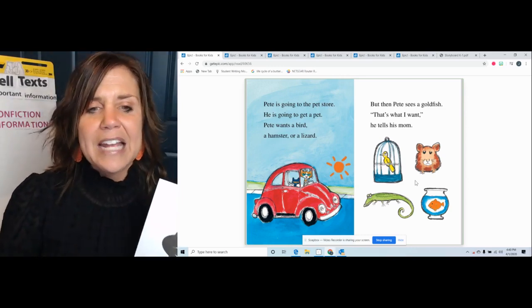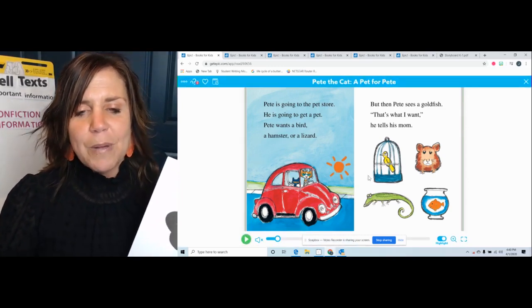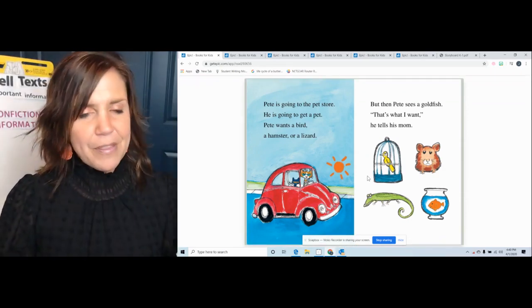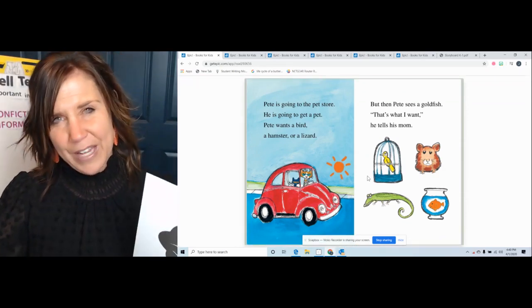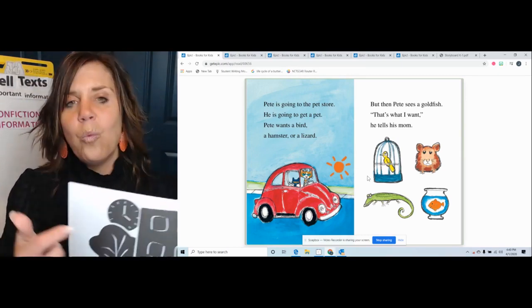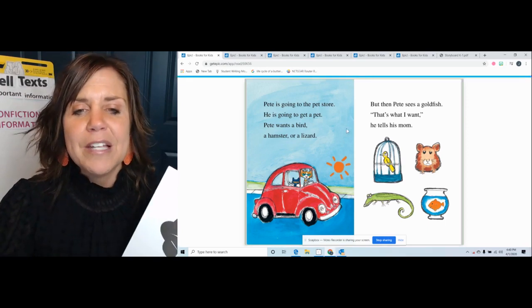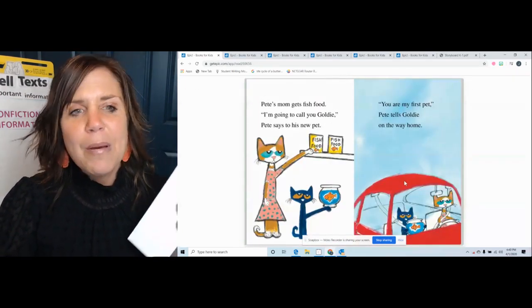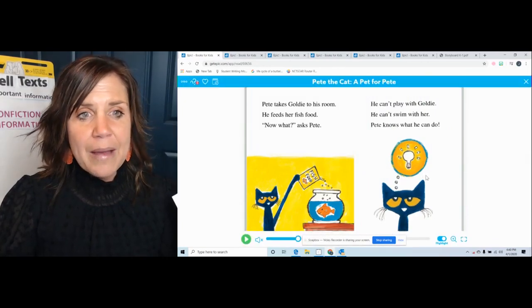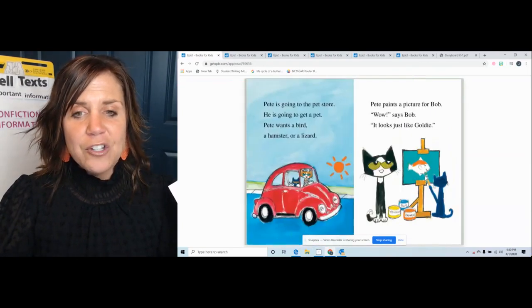And so that's the setting. Now, when I see a sun here on the first page, I know it's daytime. It's sometime during the day, but then I know that it lasts a couple of days long in the story. And so that's the when. It's during the daytime. It doesn't really tell us a season, but we know it's a school year because he goes to school and he has show and tell at school.